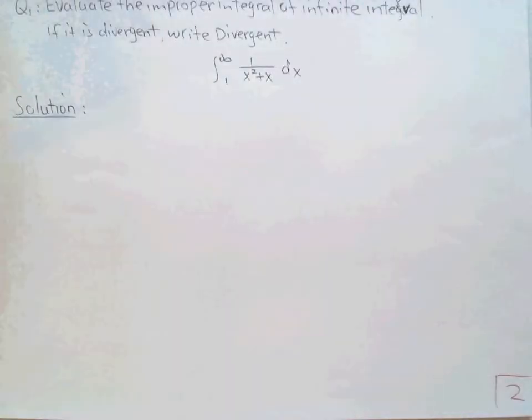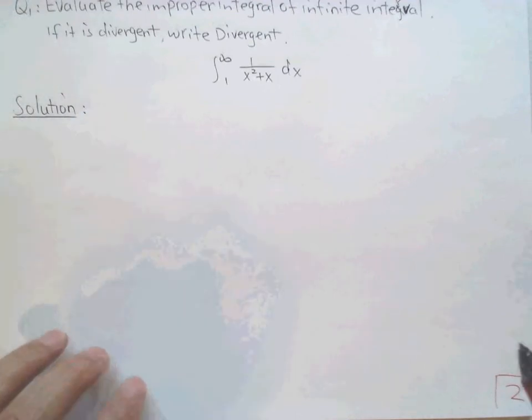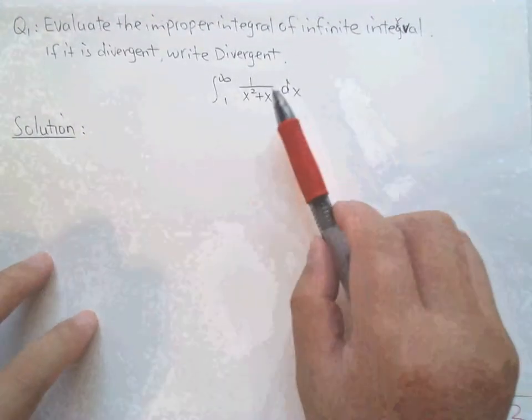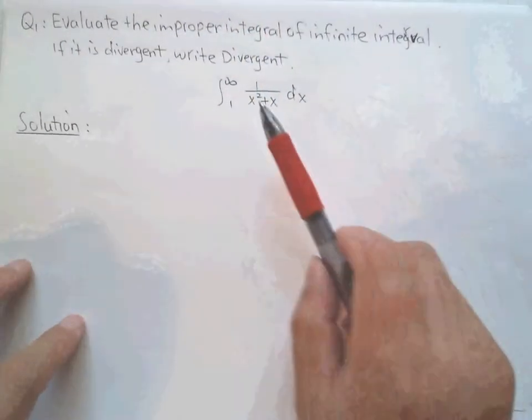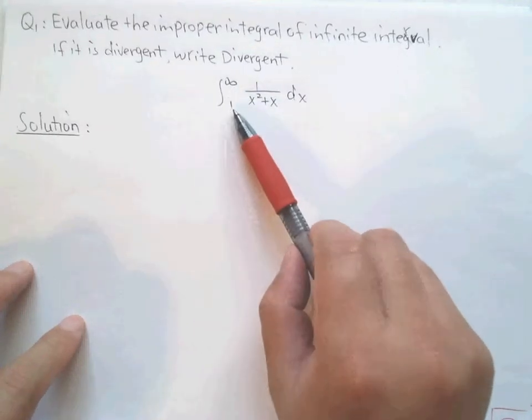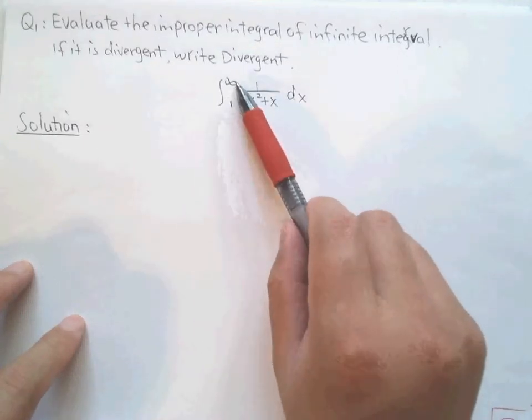Let's look at how to do these questions. We have an integral here. It's improper, because it's not from a fixed number to a fixed number.